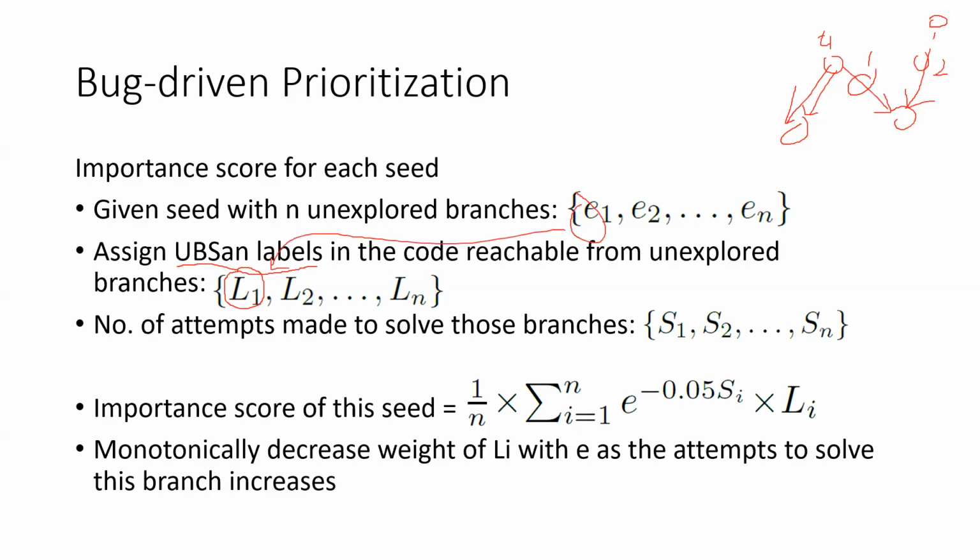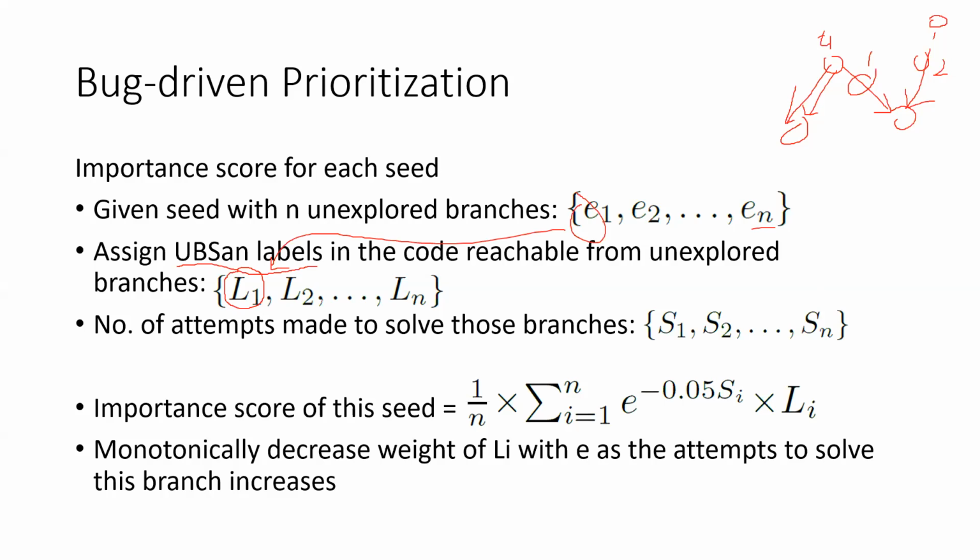Or as in this L1 can correspond to a lot of labels because each branch can have multiple vulnerabilities, correct? So this is a set. L1 is a set of labels, and this set of labels is for the branches reachable from E1, Ei.